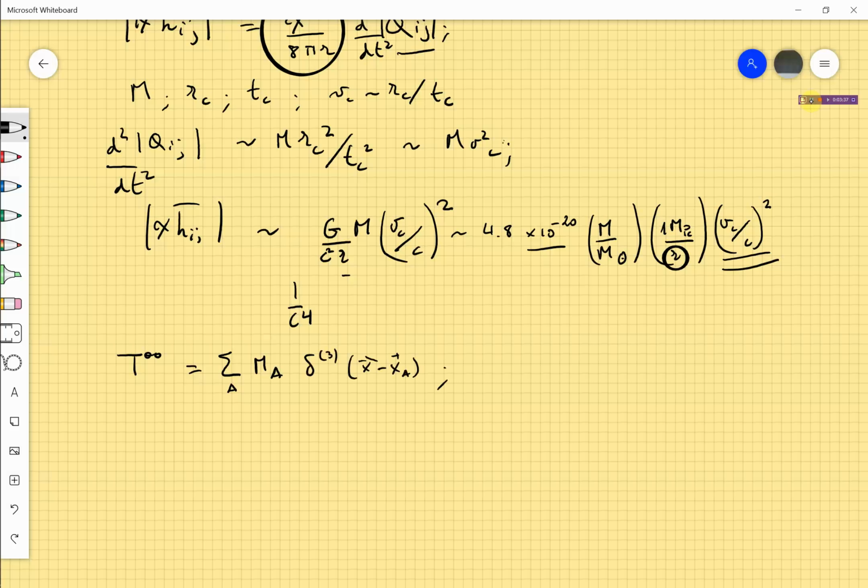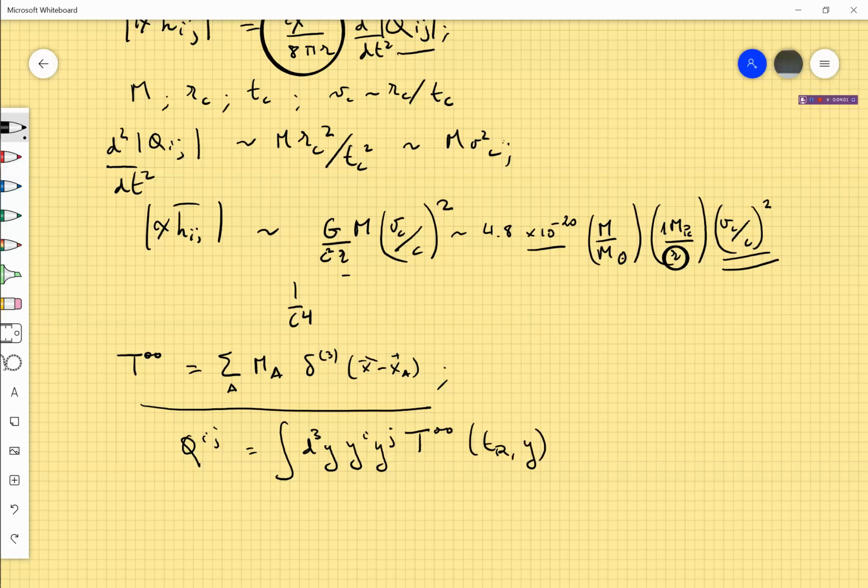And if you just plug this expression into the definition of the quadrupole moment, remember that this was this volume integral times yi yj and then T00, always evaluated at the retarded time.